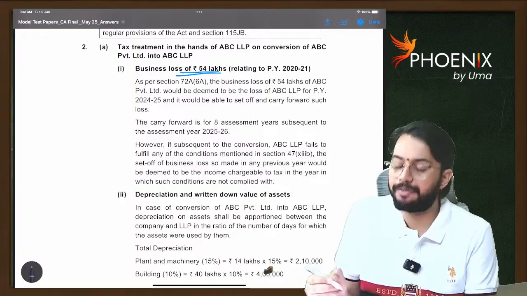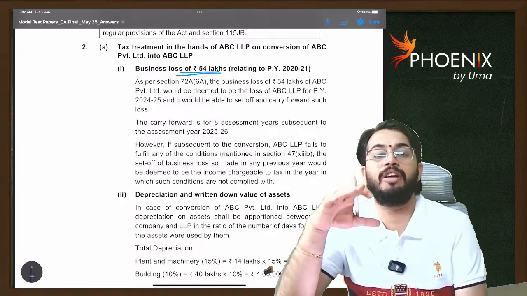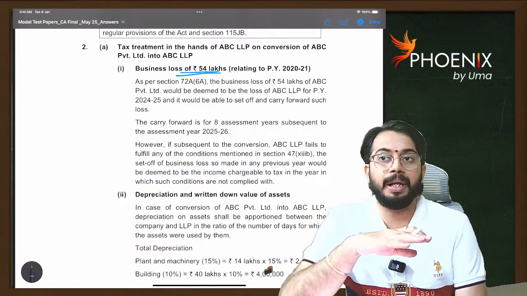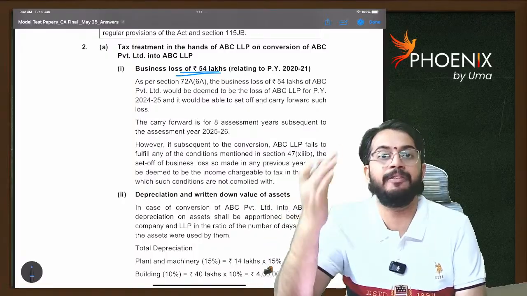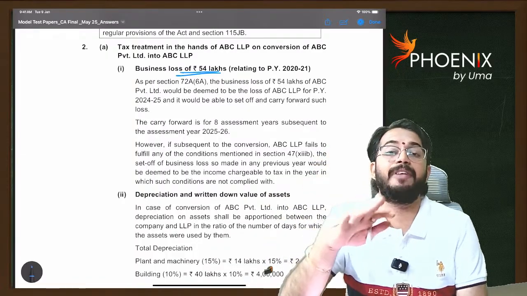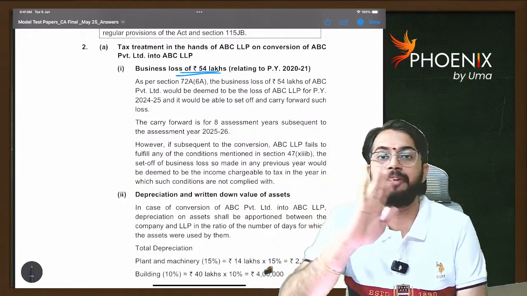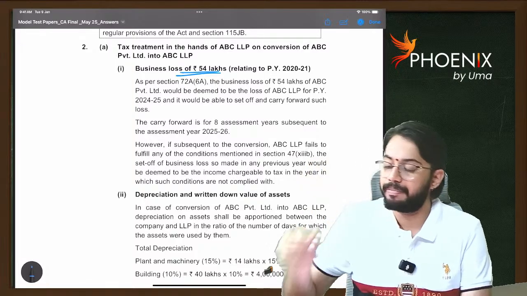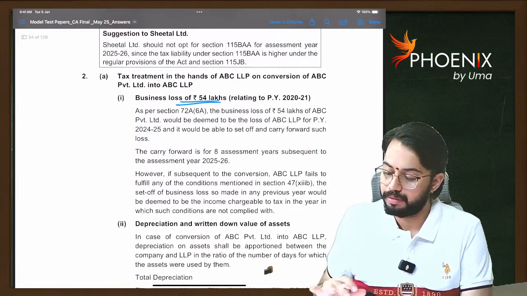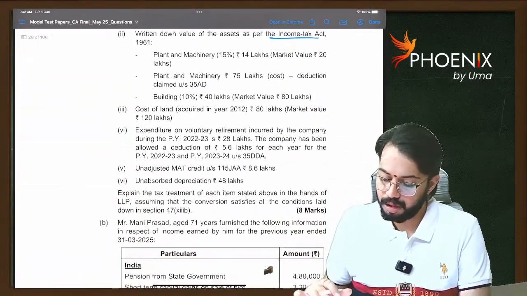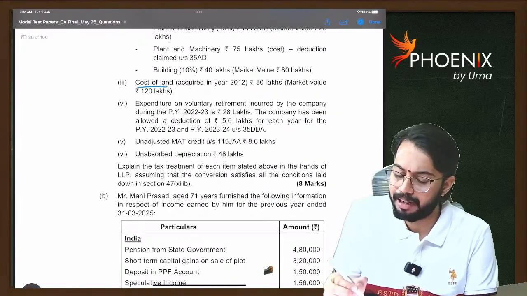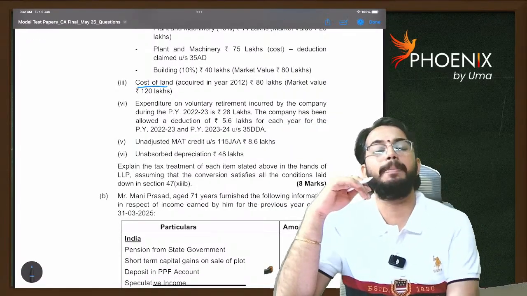Business loss of 54 lakhs. I already told you, losses of the private limited company will be carried forward to the LLP if all the conditions are satisfied, and a fresh time limit of 8 years is eligible for carry forward. Do you remember? Third point, cost of land. Land is a non-depreciable asset.